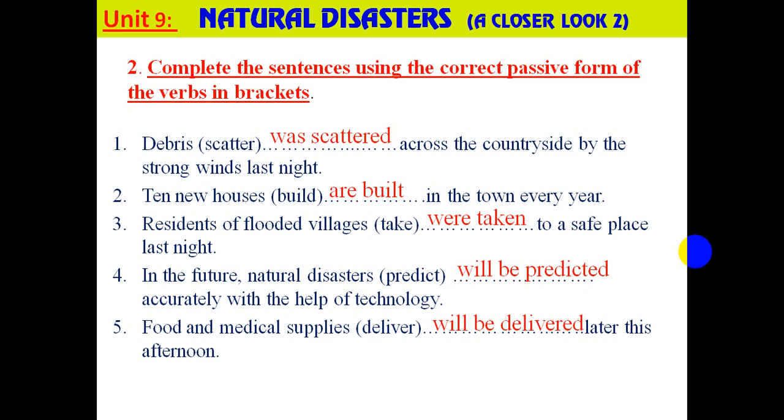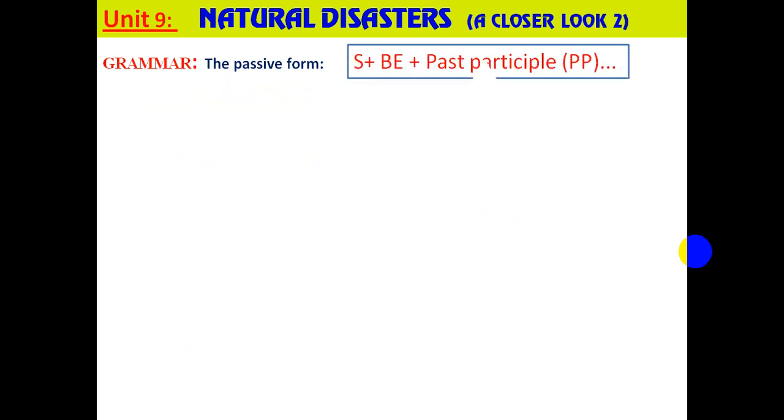And number five, will be delivered, is also the passive voice for the future simple tense. They are the passive forms of the verbs in the five sentences. Are you okay? We have the passive form: the subject, to be, past participle.